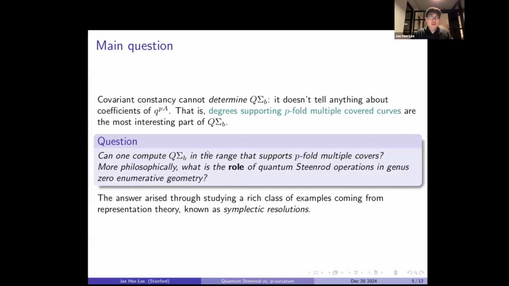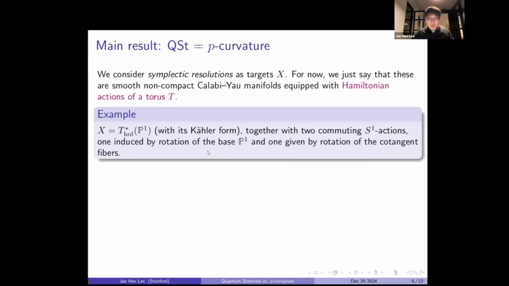And the answer, surprisingly, arrives by studying a particular class of examples coming from representation theory, which are called symplectic resolutions. So we'll consider symplectic resolutions as the target symplectic manifolds of our holomorphic curve equation.